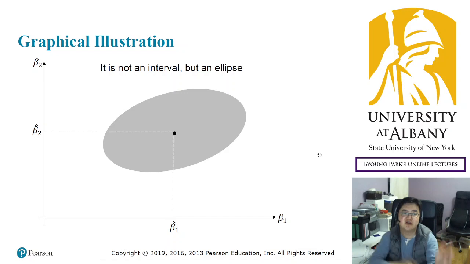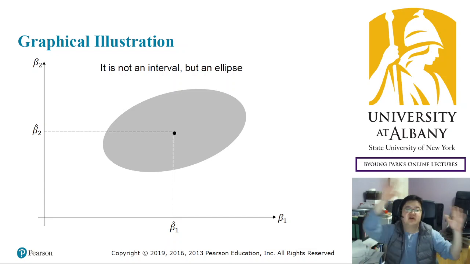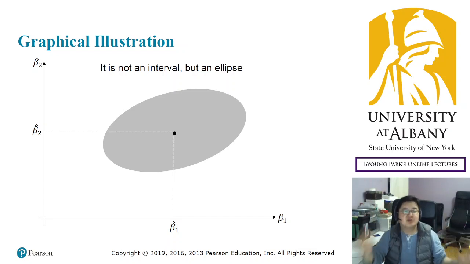It cannot be an interval. It's two-dimensional, so an interval is only on one dimension. But extending the concept of interval, we have an oval or ellipse. So this gray area is the 95% confidence ellipse, confidence region, confidence set, or you can simply call this a confidence interval because the basic idea is the same.